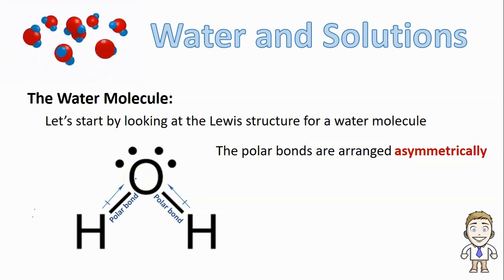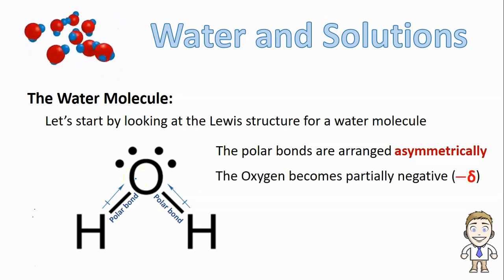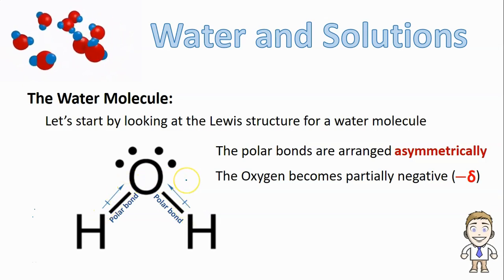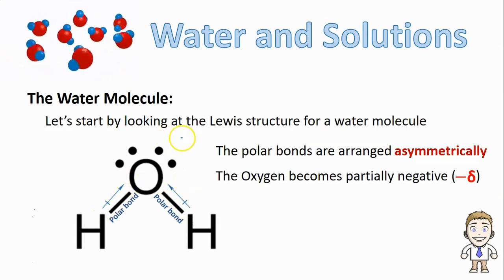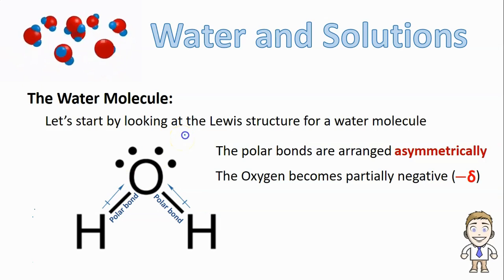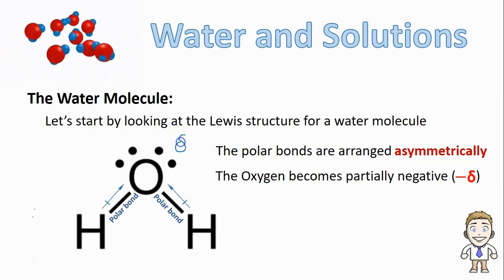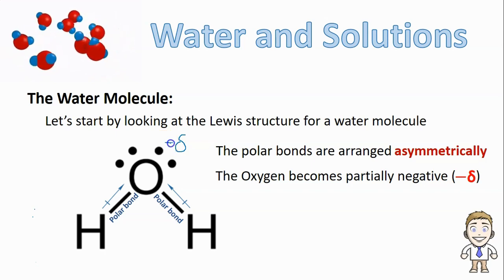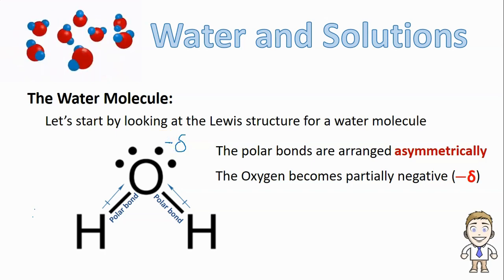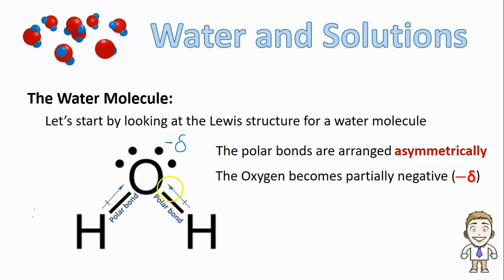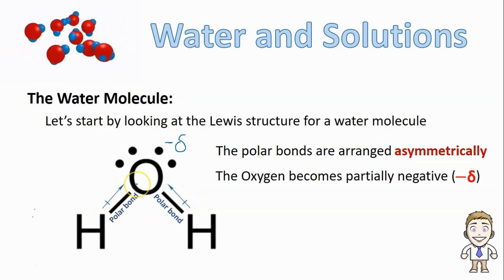What happens when you get this asymmetric arrangement is the atom that is accumulating most of the electrons builds up a partial negative charge. And we have a special symbol to represent that partial negative. It's a Greek lowercase letter, and you put the little negative symbol in front of it. Oxygen becomes partially negative since both of the polar bonds are directed with negative charges towards it.